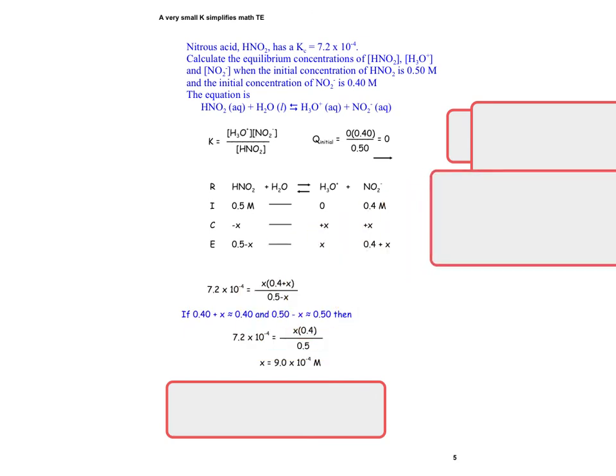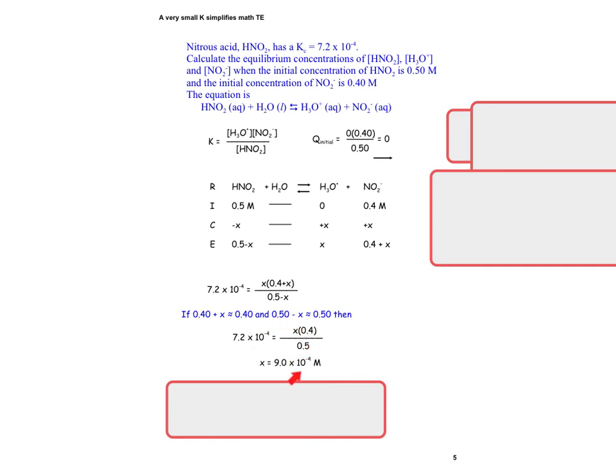So now I plug in the numbers to the equilibrium expression, and I see that I have a 0.4 plus x, 0.5 minus x. It's doable, but I'm going to use my simplifications. 0.4 plus x should be approximately 0.4. 0.5 minus x should be approximately 0.5. And it simplifies to this.